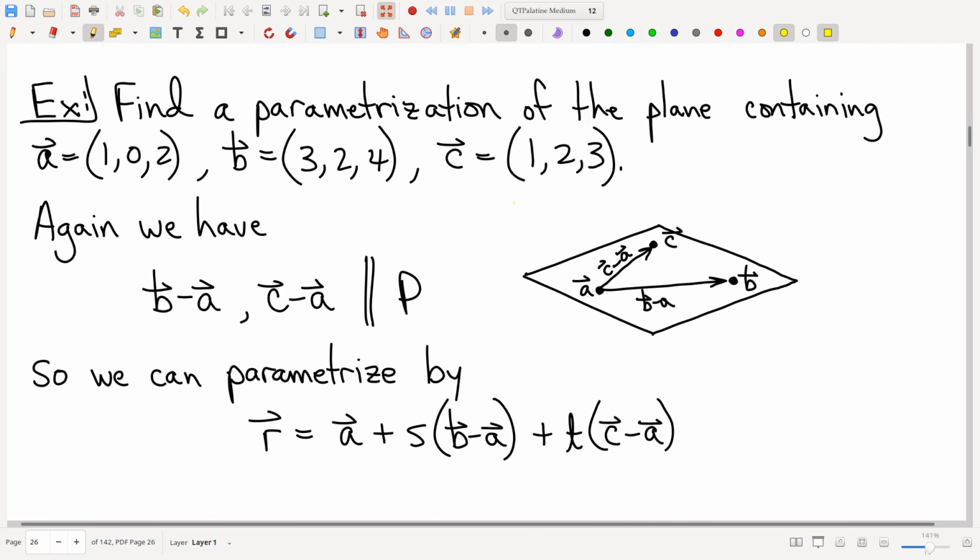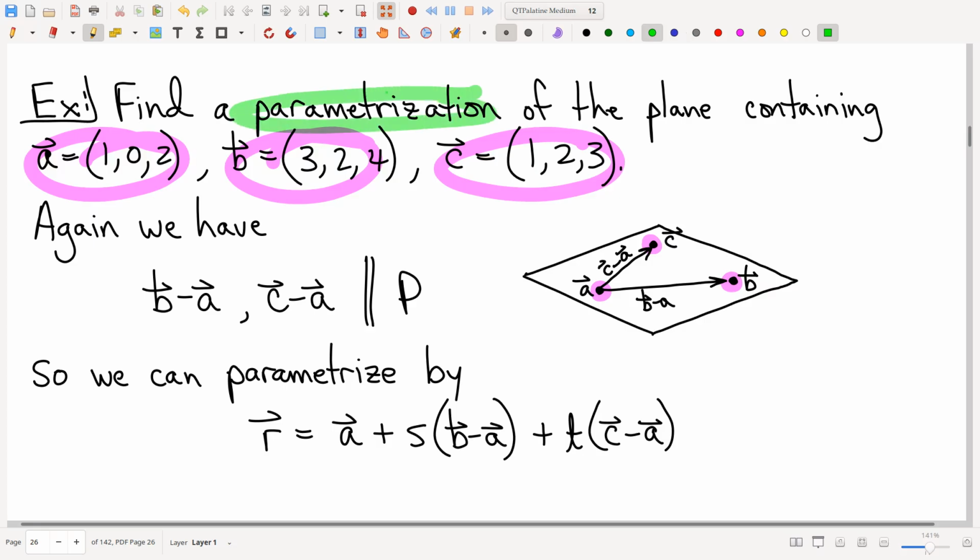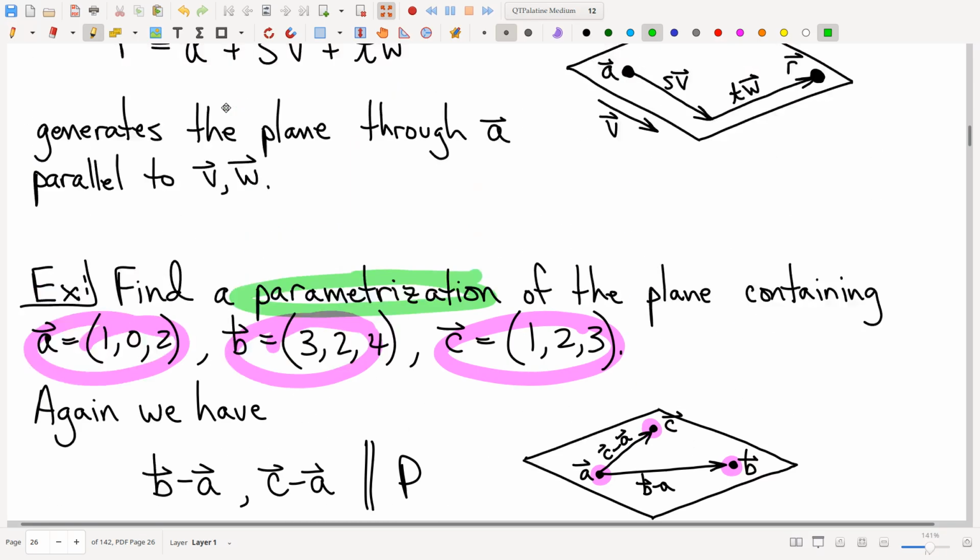Okay, so quick example. Be real quick about this. We've already entertained this question of if you have 3 points and being interested in the plane that contains those 3 points. Previously, when we saw an example like this, our goal was to find the equation. And to find the equation, we needed a normal vector, so we had to take a cross product at some point. Here, we're not, because here we're interested in a parameterization. Parameterizations don't require a normal vector.